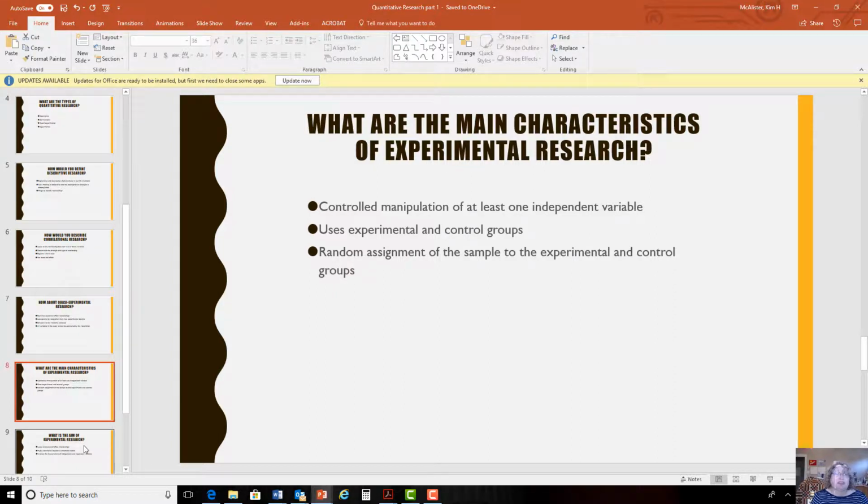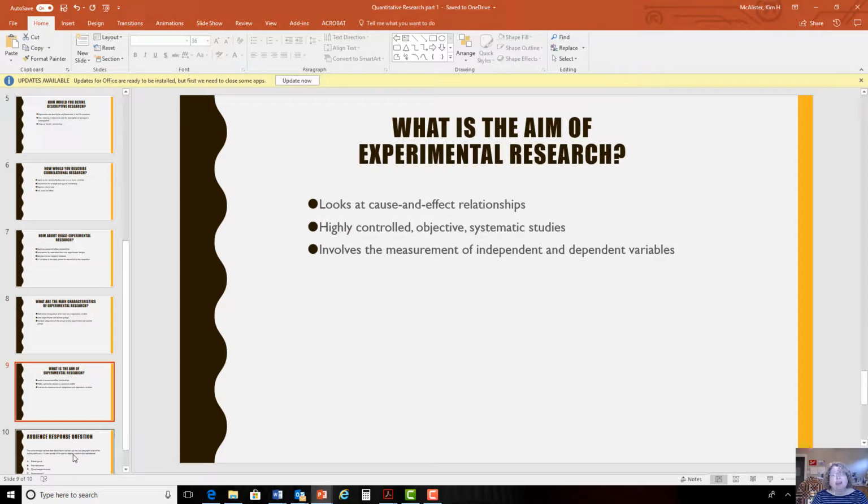If the researcher does not know who was assigned to which group, then it's called a double blind, because both the participants and the researcher have no idea if the participants are in a control group or if they're in the experimental group. If it's just a single blind, then the participants don't know which group they're in, but the experimenters do.